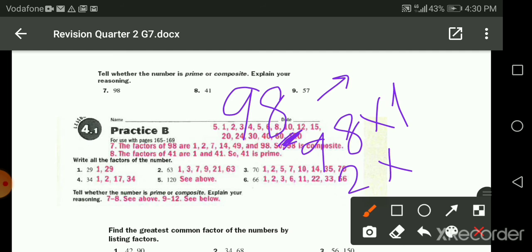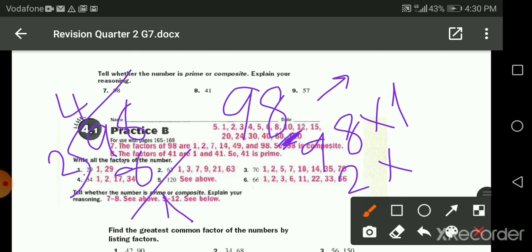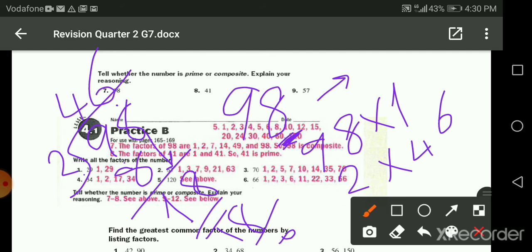The ones digit is even, so it can be divided by 2. 98 divided by 2 gives me what? 9 divided by 2, the nearest is 4. 4 times 2 is 8, and we have remainder 1. Take 1 down, we have 18 divided by 2, 9. So the answer is 49.